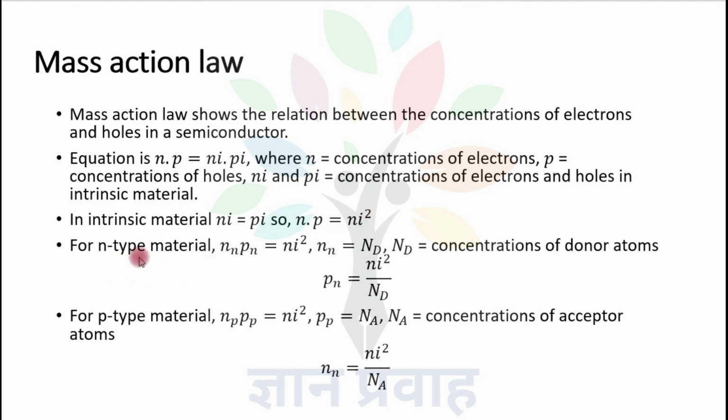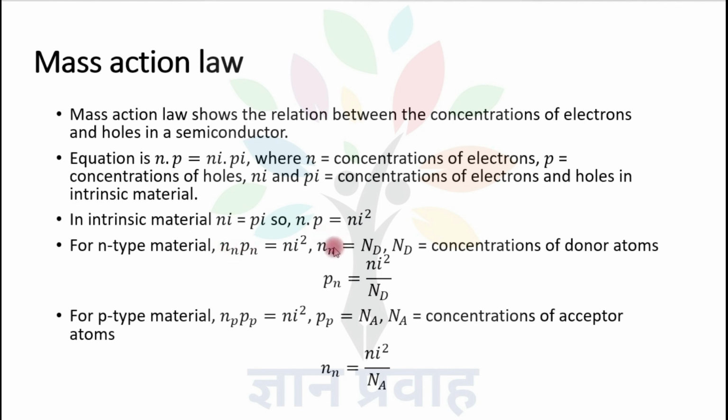But for N-type material, the mass action law is Nn Pn equal to Ni square. Nn is the concentration of electrons in N-type material and Pn is the concentration of holes in N-type material. Electrons are in majority and holes are in minority in N-type material.